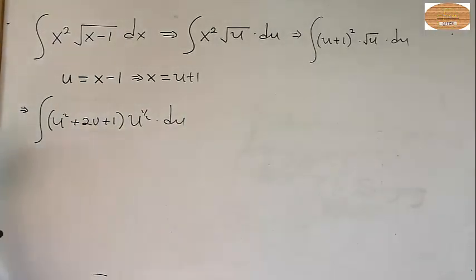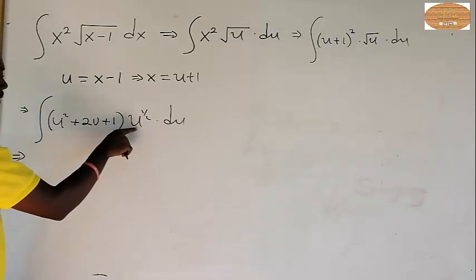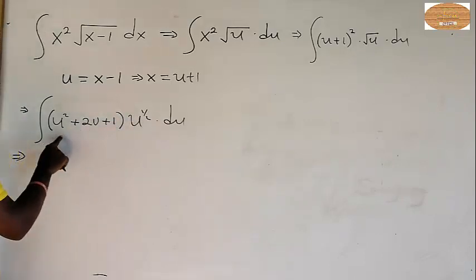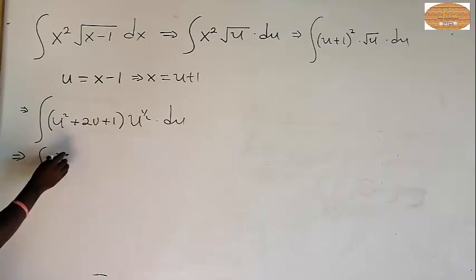So let's move on with that. I'll expand the bracket by multiplying by u to the power half.